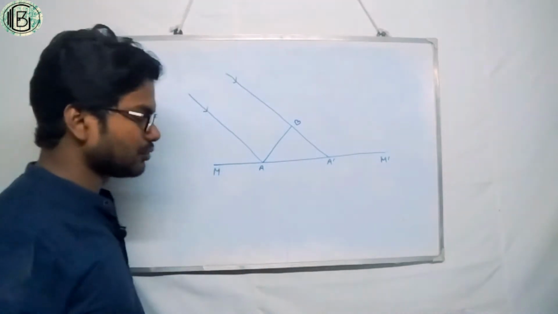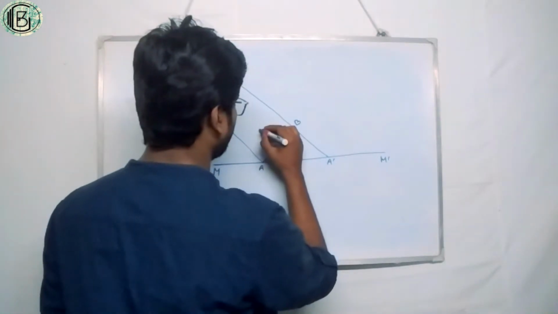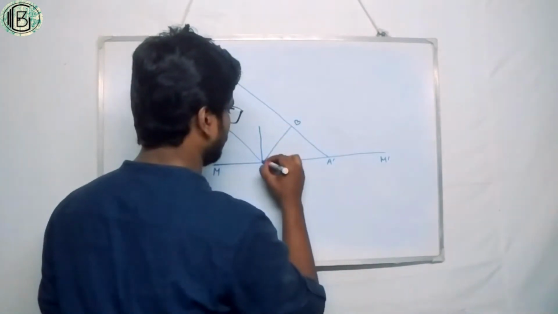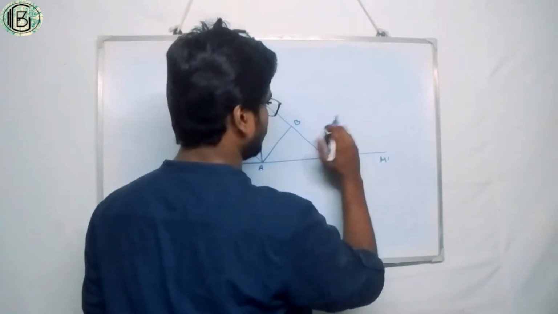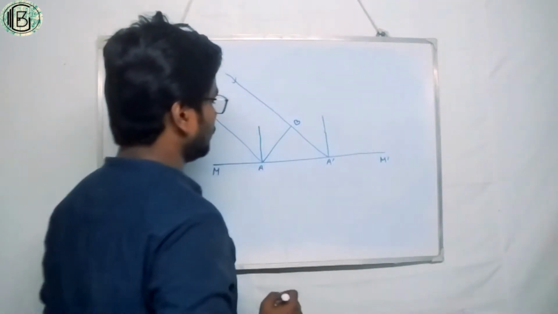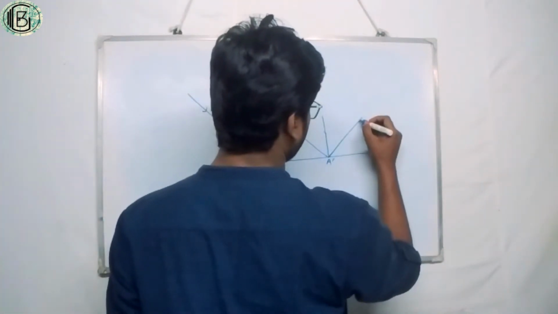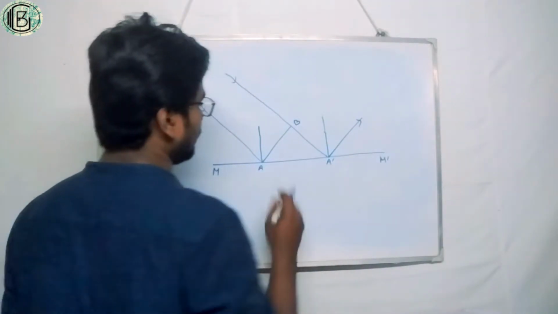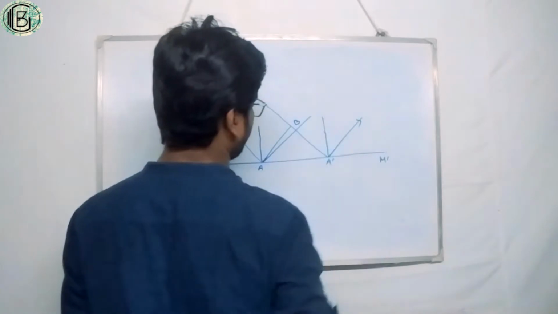Now we'll try to draw the normal. This is the normal, and again this is the normal. Now this is the reflected light, and again this is the reflected light.